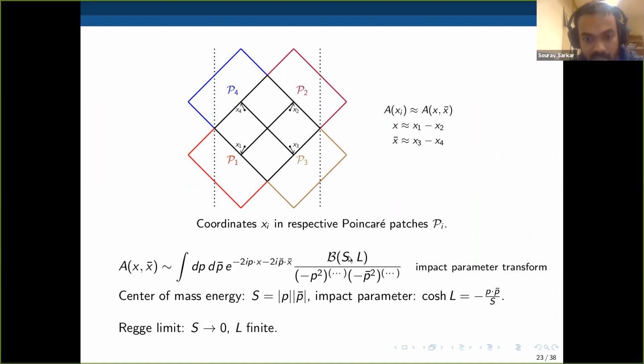The S has the interpretation of center of mass energy, and the L, defined in this way, has the interpretation of impact parameter in AdS. And the Regge limit is that we take S to be large while we keep L finite.